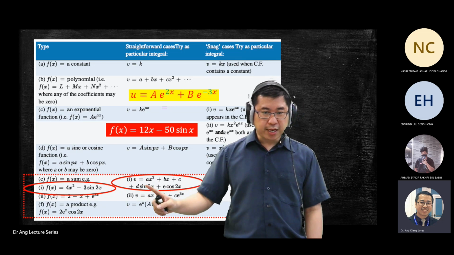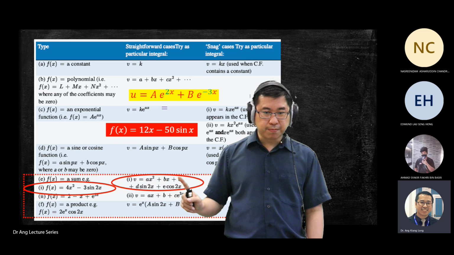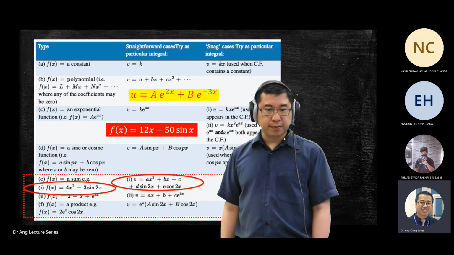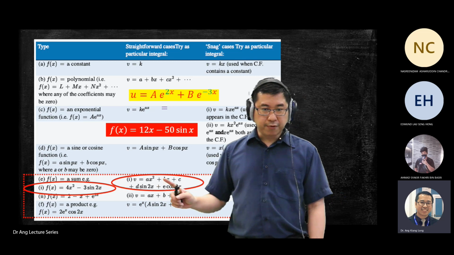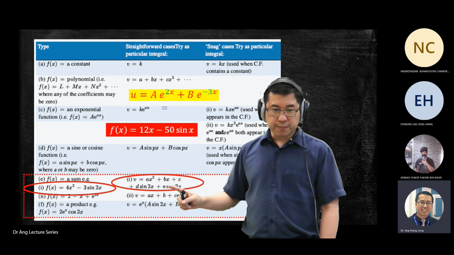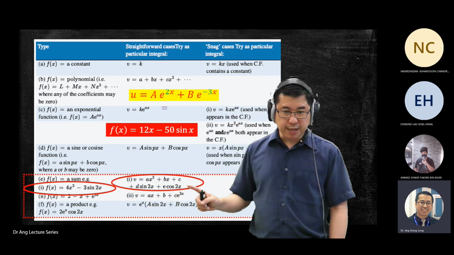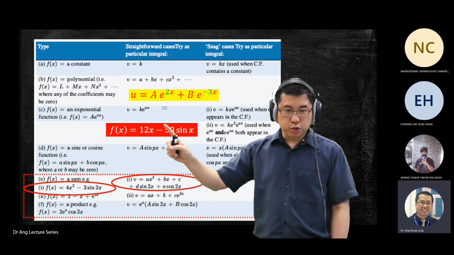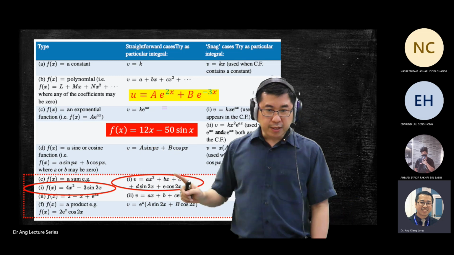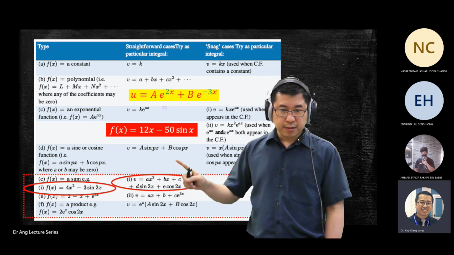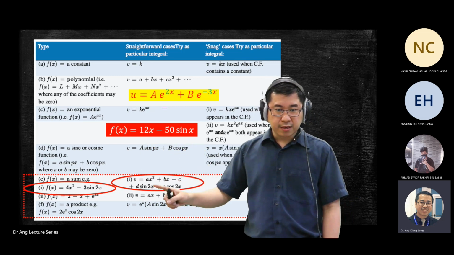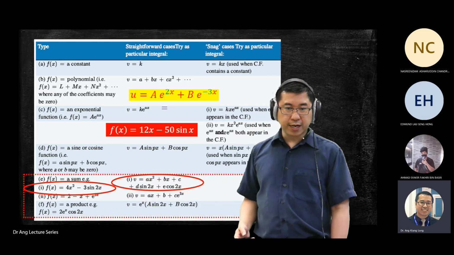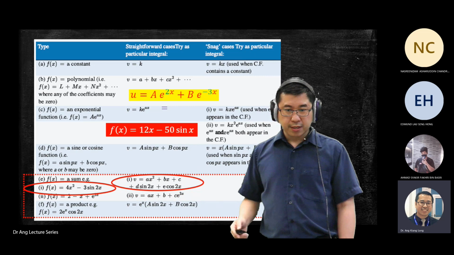Your V is ax squared plus bx plus c plus d plus e something. Meaning the front one becomes quadratic, the second one becomes the trigonometry. So look at the first one. Your 12x becomes here. Your minus 5 sine, you copy the, you need to modify according to this table.